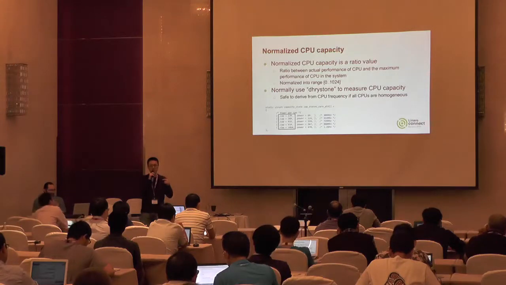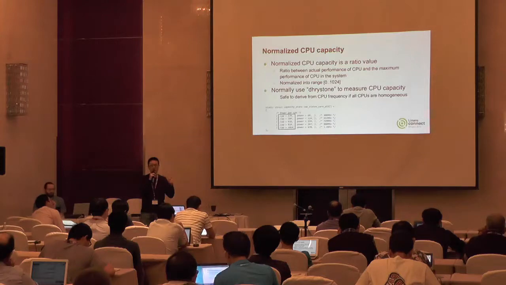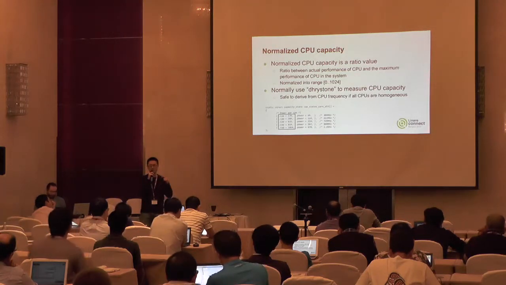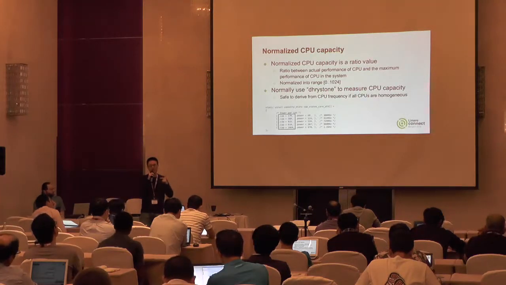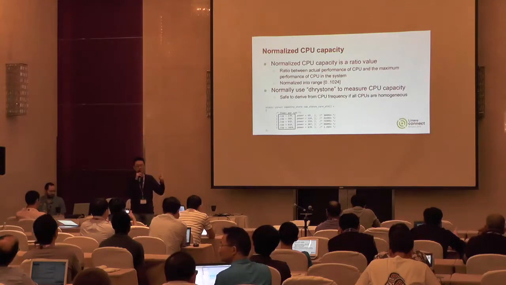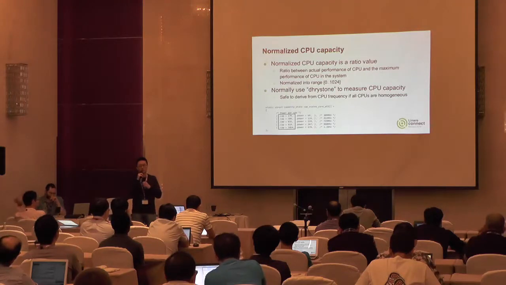We need to compare the little CPU running at a specific operating point, get the performance value, and compare it to the big CPU's maximum operating point. This way we can get a ratio range. Then we need to convert this range into a range from 0 to 1024.